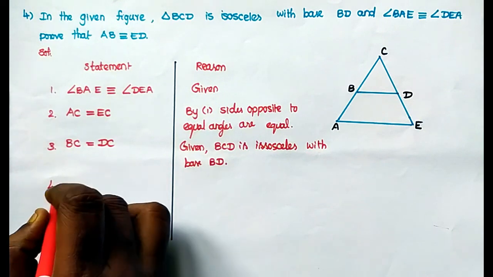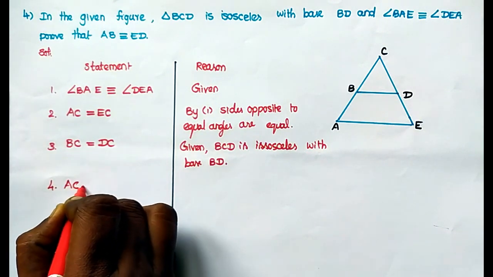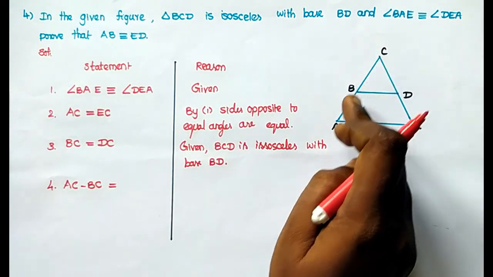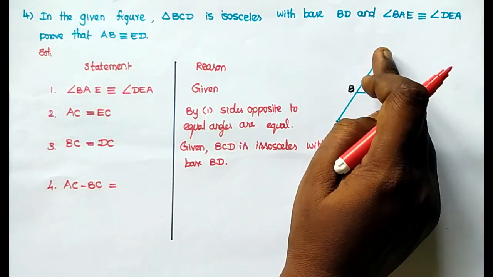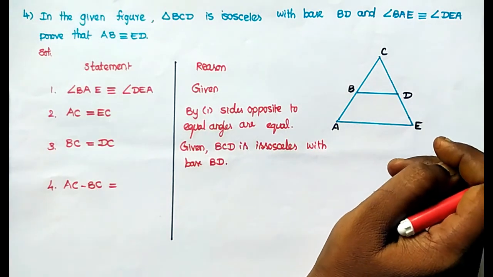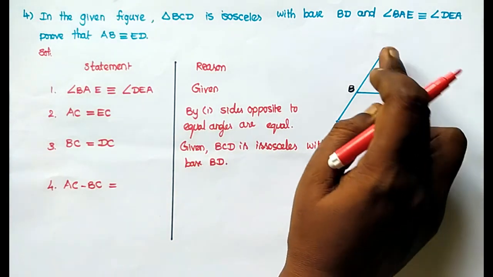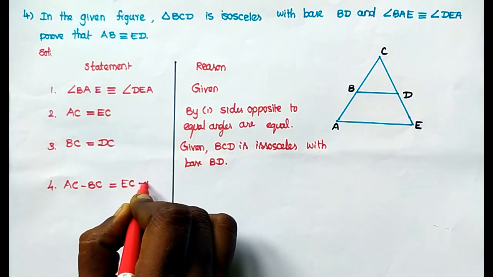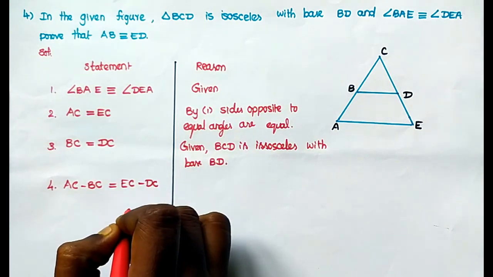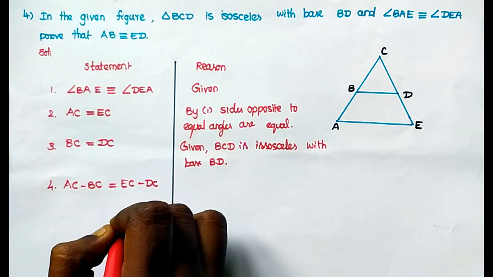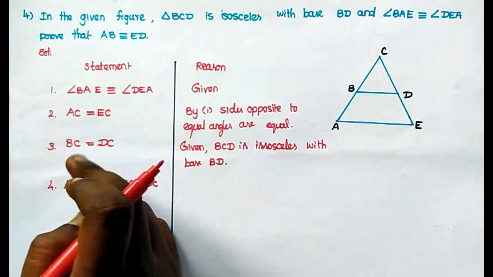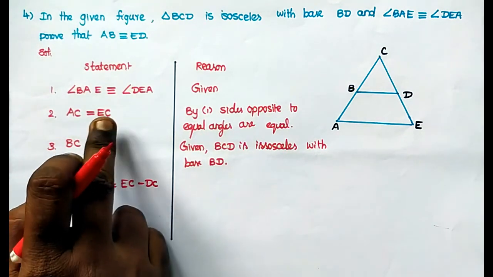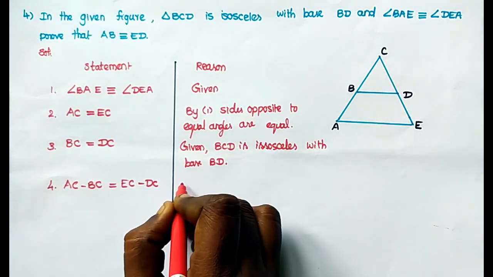Next, AC minus BC, that means AB, is equal to EC minus DC. That is statement 2 minus 3: AC minus BC, EC minus DC.